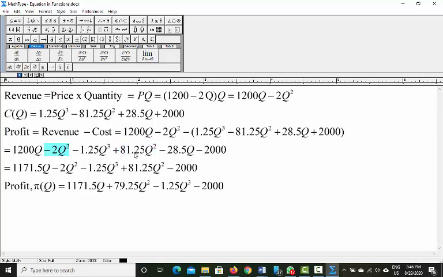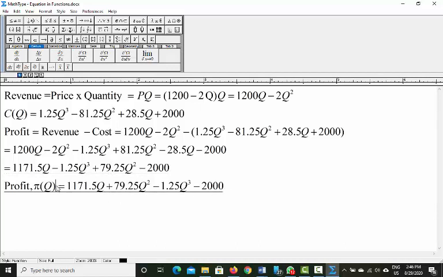So we will deduct 2 from 81.25, and we will have 79.25 Q square. So these will be the profit function.